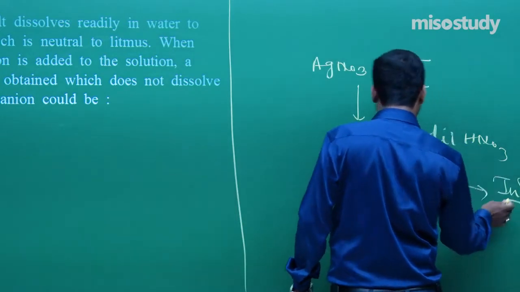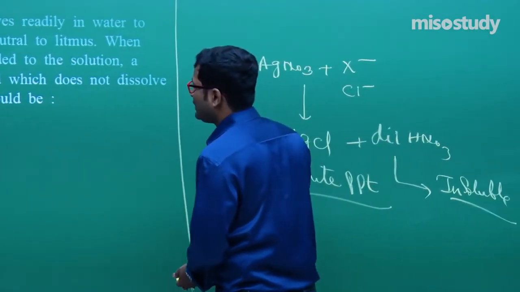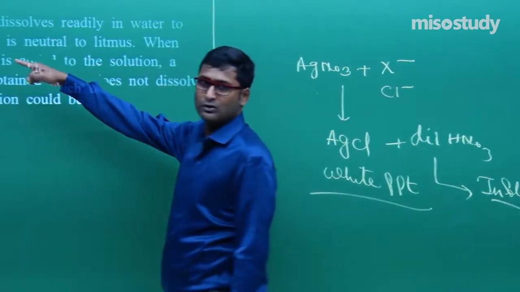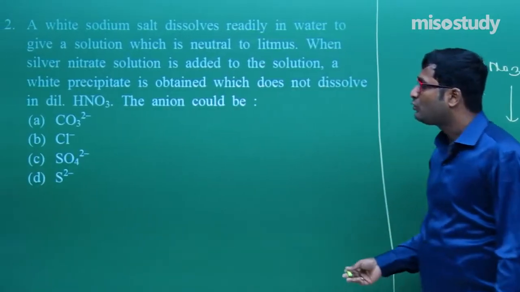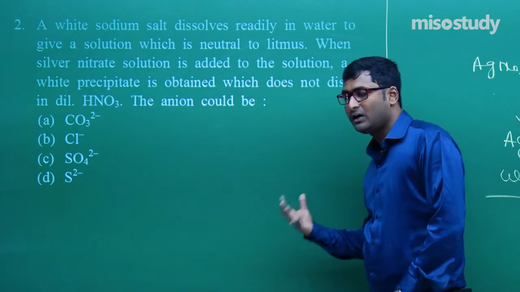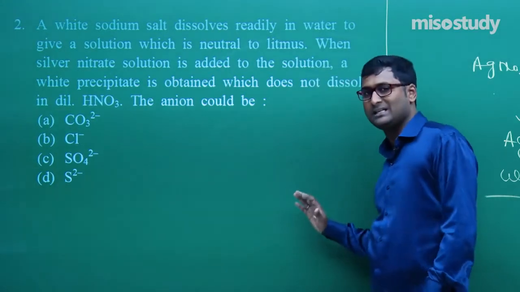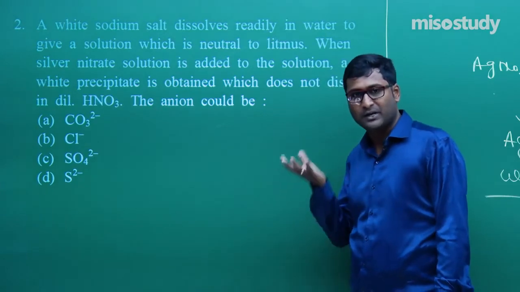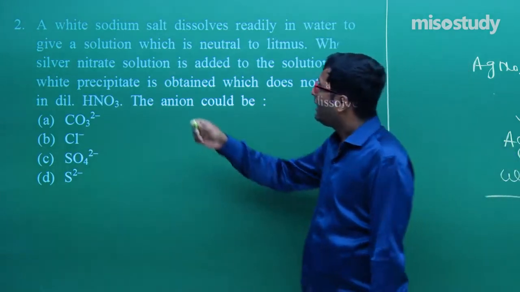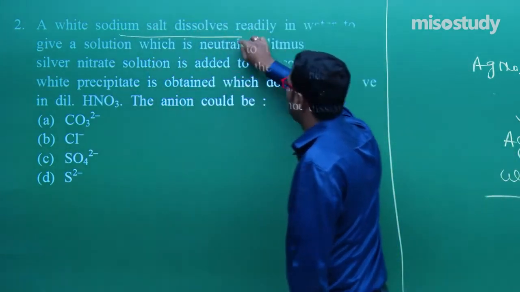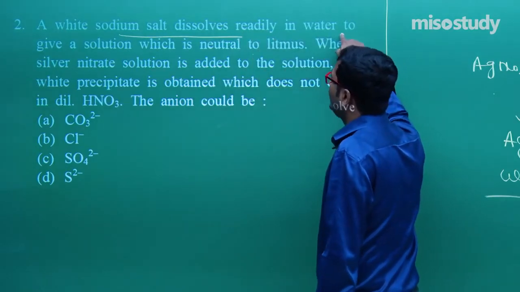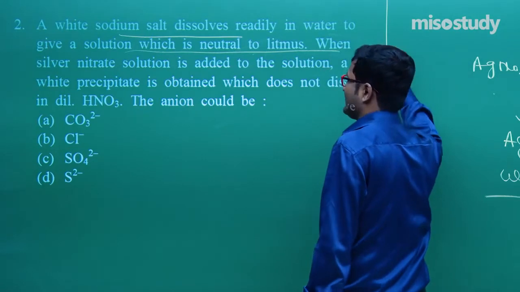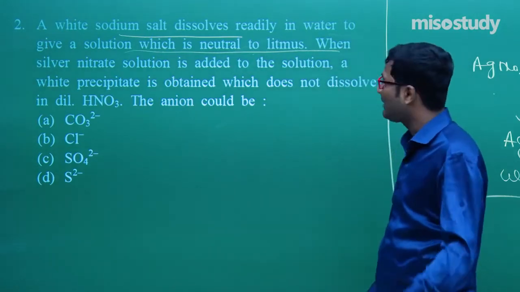So we can easily predict for such questions, we do not need to check the other options. This is simple according to the question. You can ask me, sir, how to predict? If you have command over the theory, then you can easily predict. Such type of question is completely based on your observation and memory. A white sodium salt dissolves readily in water to give a solution neutral to litmus, that is, the pH value equals 7.